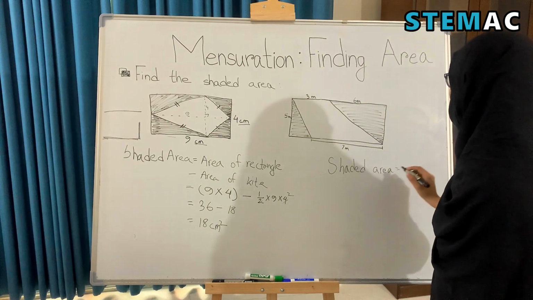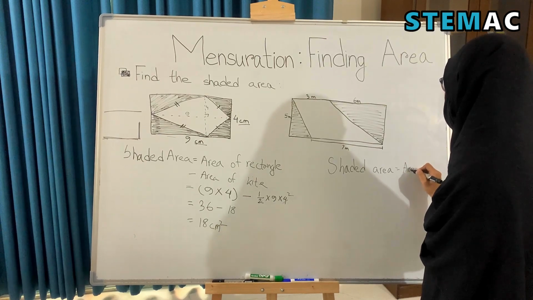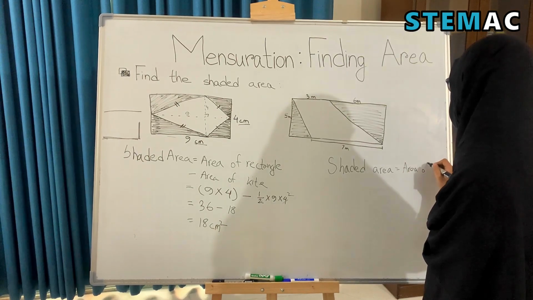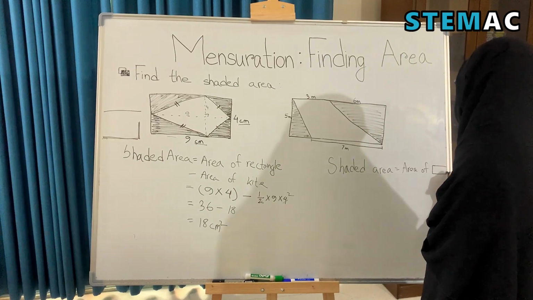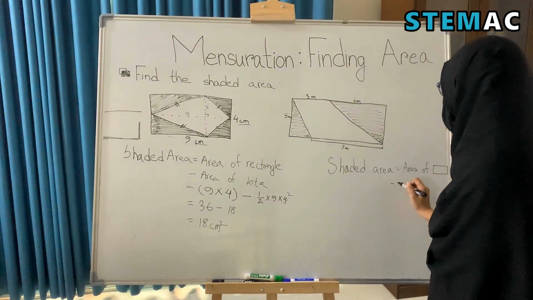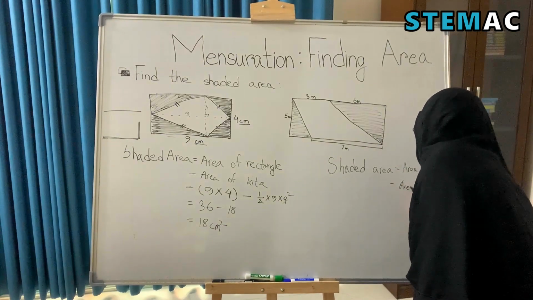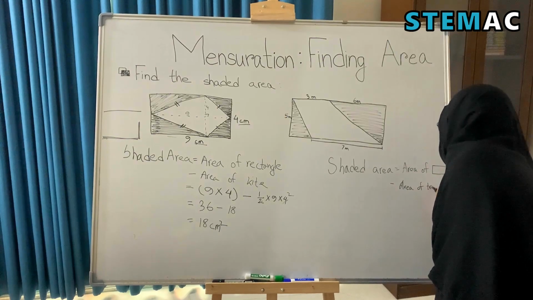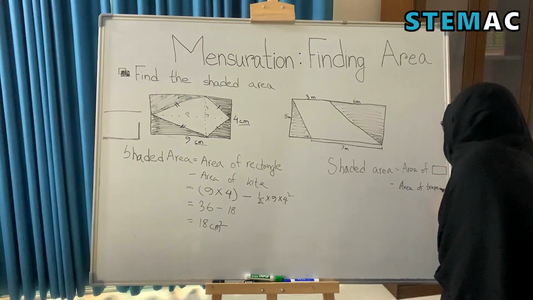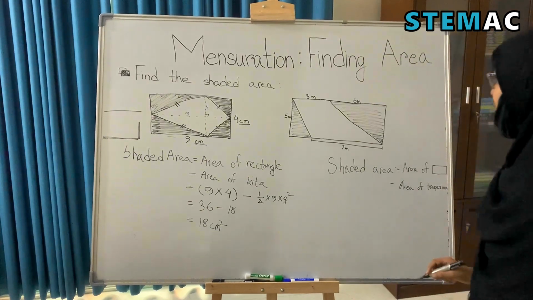That means area of rectangle minus area of trapezium.